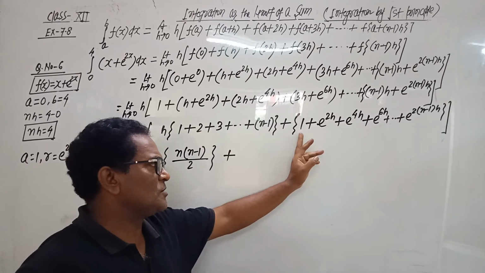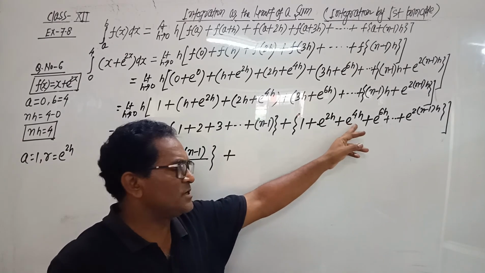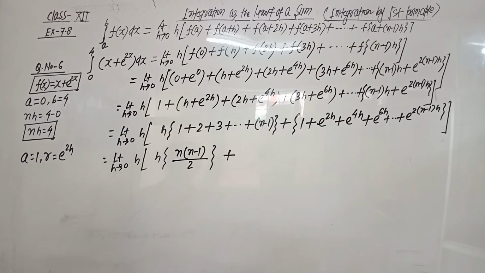Because e raised to the power 2h divided by 1 gives e raised to the power 2h, and e raised to the power 4h divided by e raised to the power 2h again gives e raised to the power 2h.